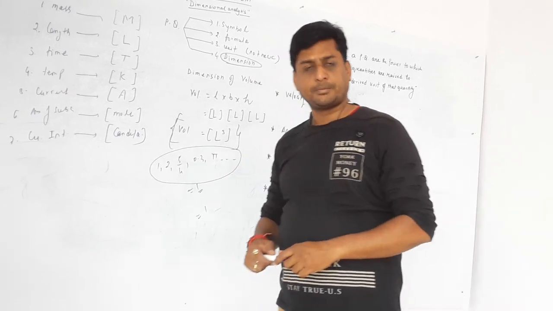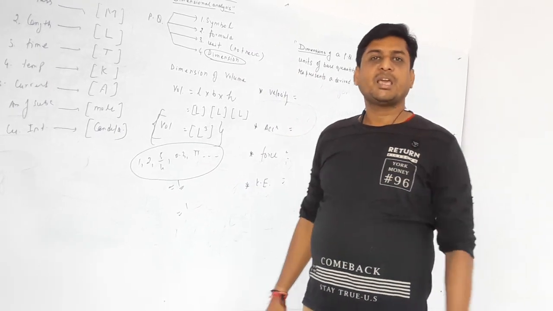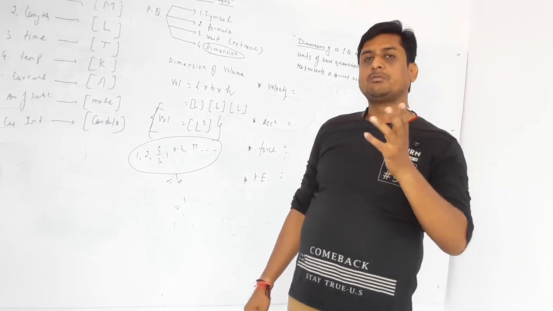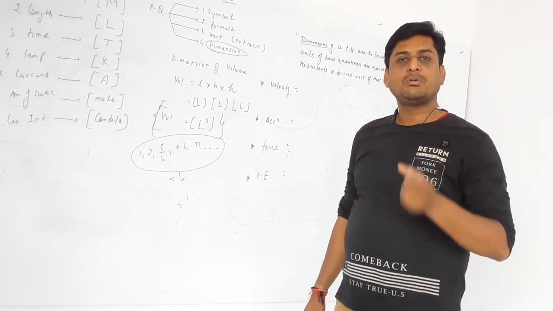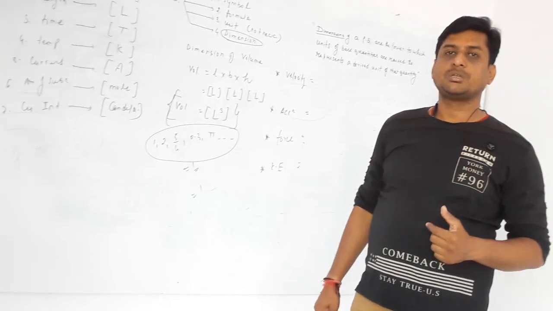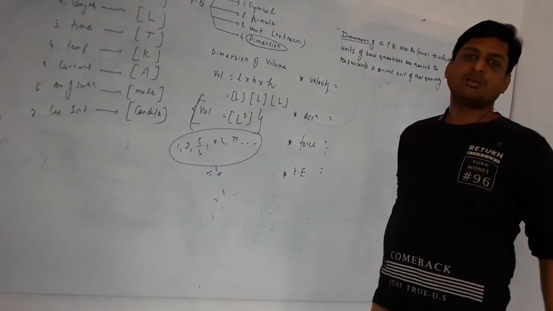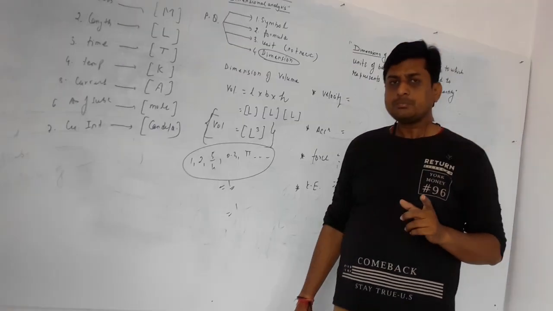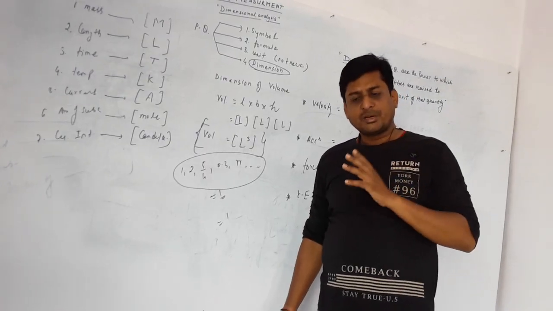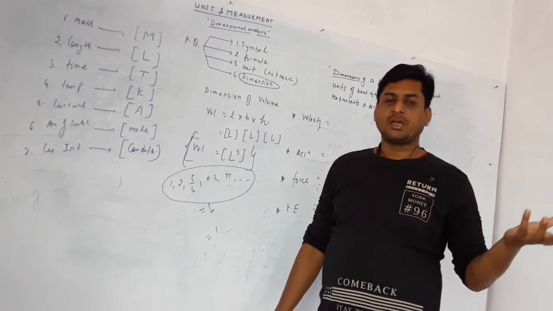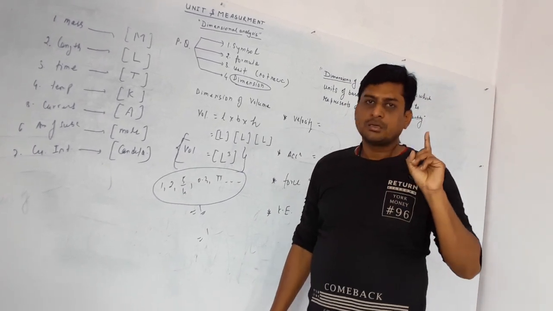But one important thing, a physical quantity cannot possess more than one dimension. Like work is having only one dimension, not two dimensions. So these are some properties which we should know while writing the dimension. One more thing. Dimensions of all the trigonometric ratios like sin theta, cos theta, tan theta, sec theta, cosec theta, etc., are always 1.